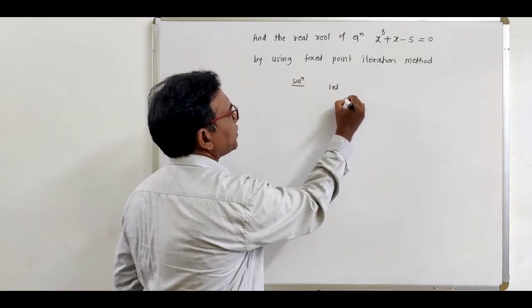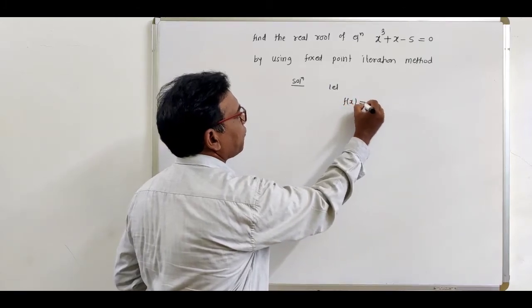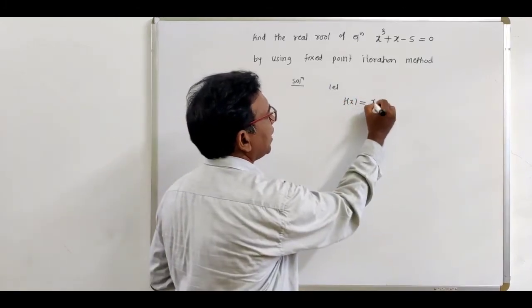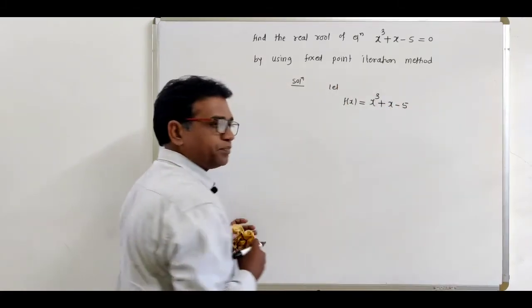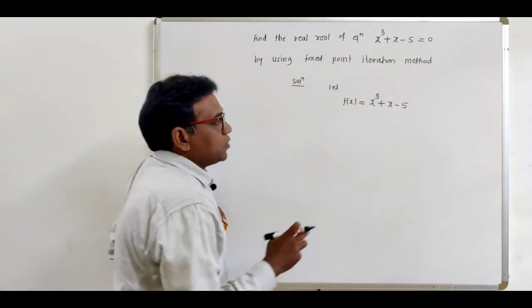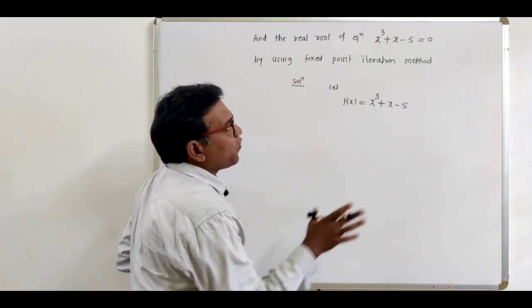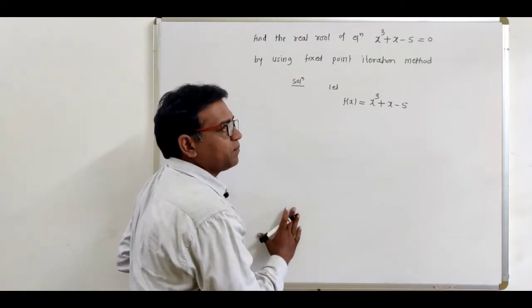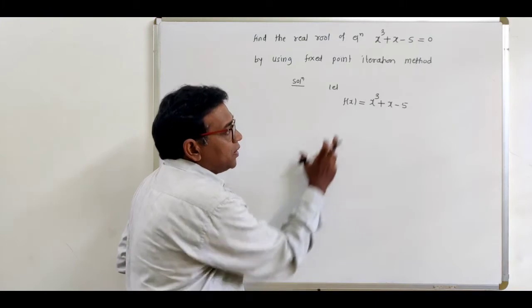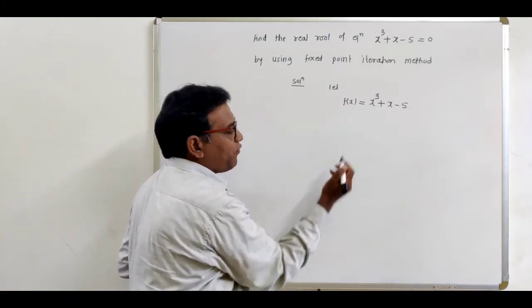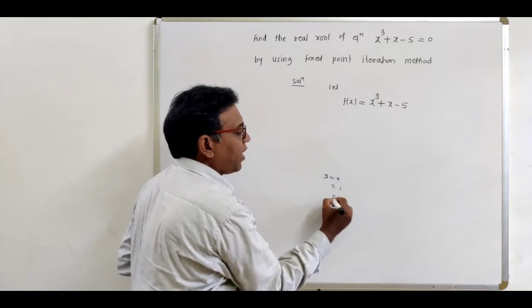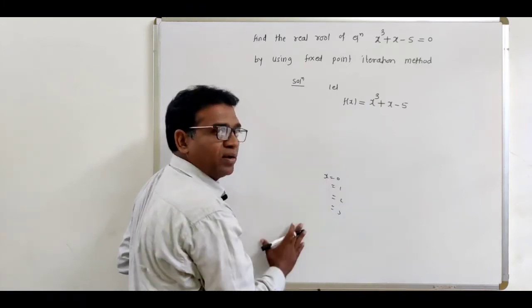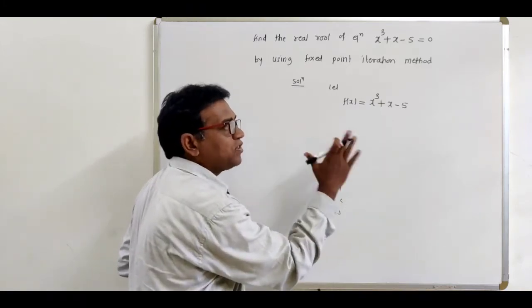So this is the given function. Let f(x) = x cube plus x minus 5. What is the first step for finding the real root of the equation? Just substitute the values x equal to 0, 1, 2, 3 and so on, and get some opposite functional values.